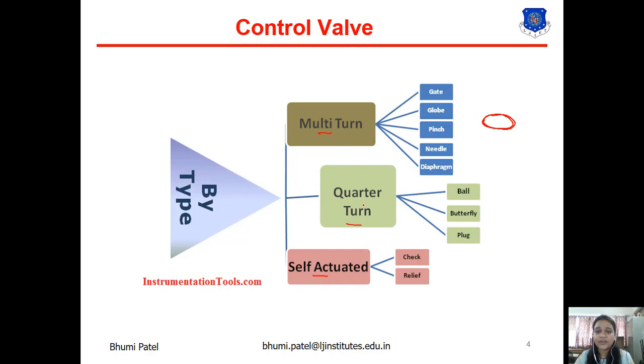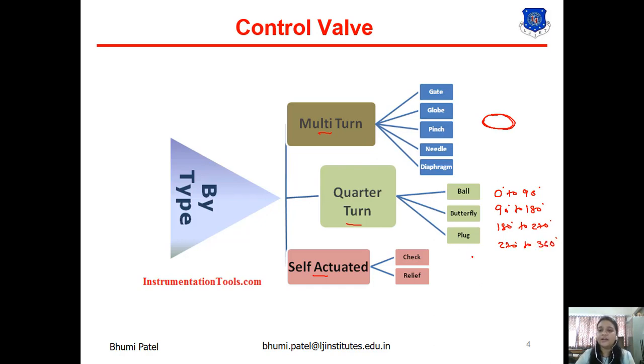Now the next type is quarter turn. Ball valve, butterfly valve and plug valve are quarter turn type control valves, because in the ball valve the valve is moved from 0 to 90 degrees, or 90 to 180, or 180 to 270, or 270 to 360 degrees.